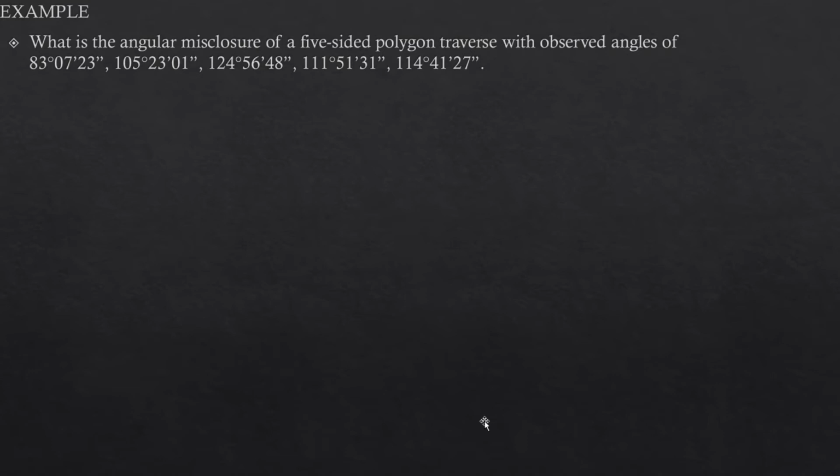Okay, so example tayo dito sa angle misclosure. Question is, what is the angular misclosure of a five-sided polygon traverse whose observed angles of 83 degrees 7 minutes 23 seconds, 105 degree 23 minutes 1 second, 124 degree 56 minutes 48 seconds, 111 degree 51 minutes 31 seconds, and 114 degree 41 minutes and 27 seconds.